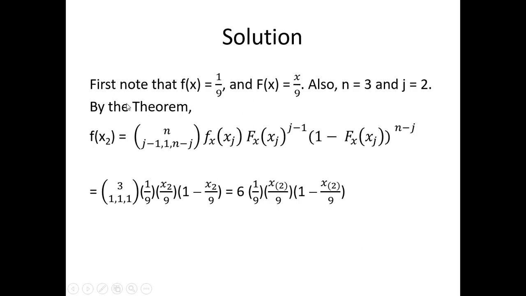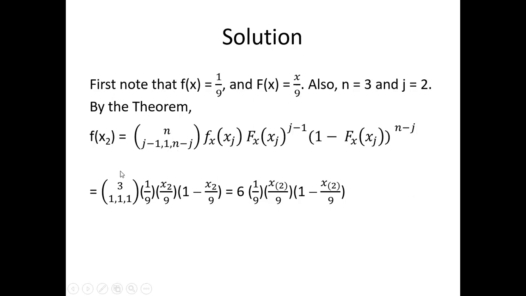And if I think about this theorem, which I posted right here, then we want to apply the theorem, and we keep in mind that we have 3 random variables, so n is 3, and the order that we want, the f of x2, so j is equal to 2.